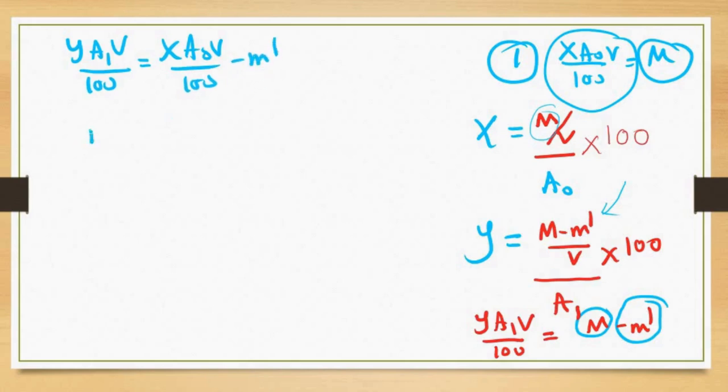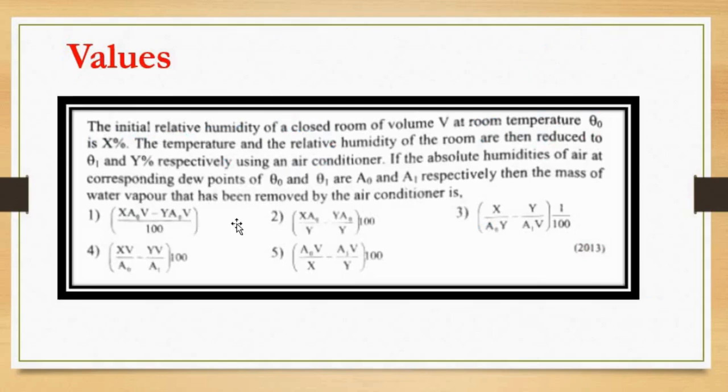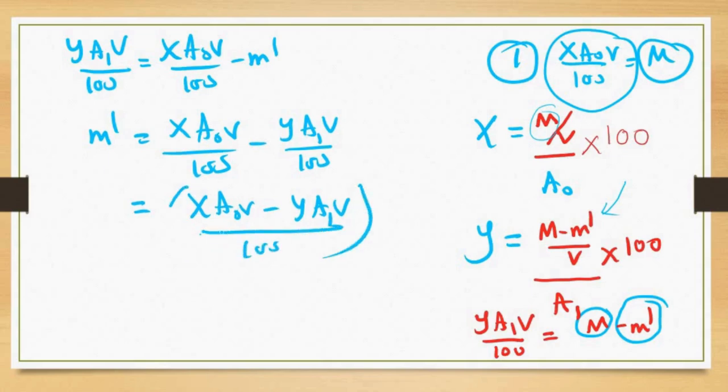So m dash is x a naught v divided by 100 minus y a1 v divided by 100. Let's have a closer look at the answers now. Let's simplify it furthermore. So I can write it like x a naught v minus y a1 v divided by 100. So that's our final answer.